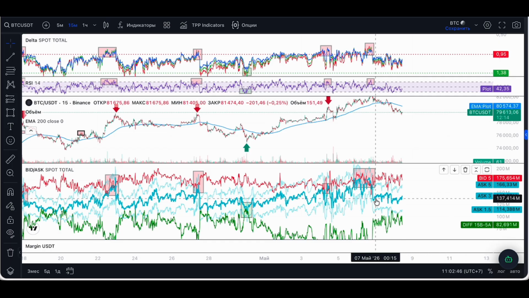This line represents all limit orders on depth 3% and 5%, and this red line is bid orders on the depth of 5%.